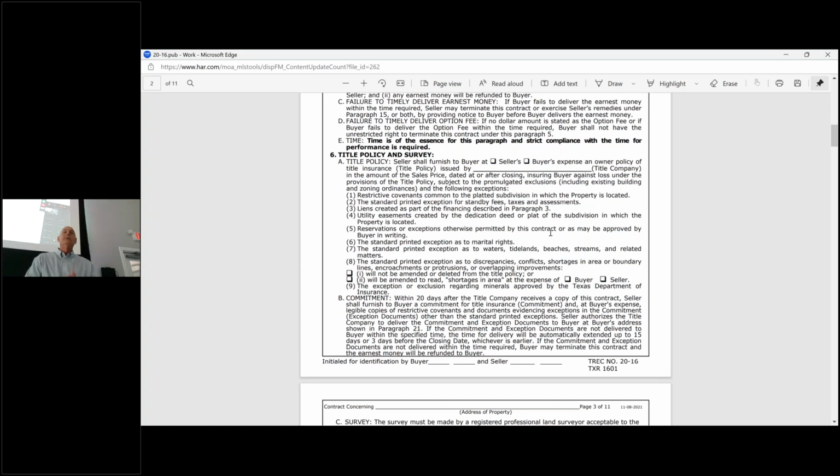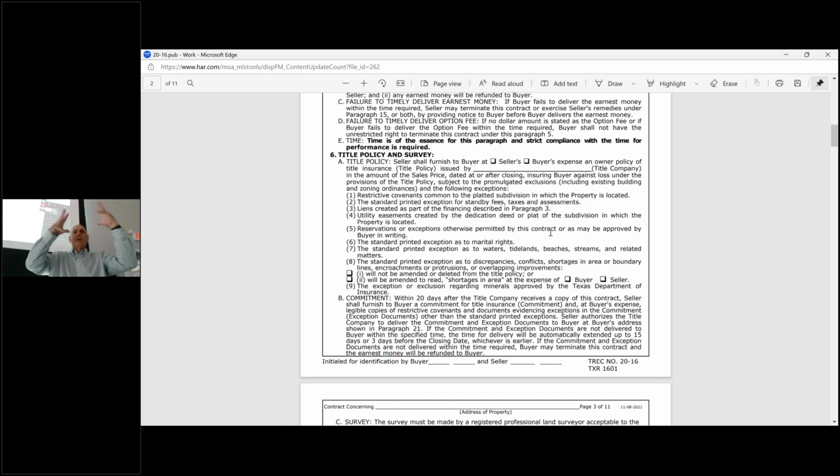And then the commitment is something separate and different. So the commitment is where the title company has done their initial work. You know, they've done their history. They've determined if there's any claims against the property, any mechanics liens or previous sale contracts that had not been released.